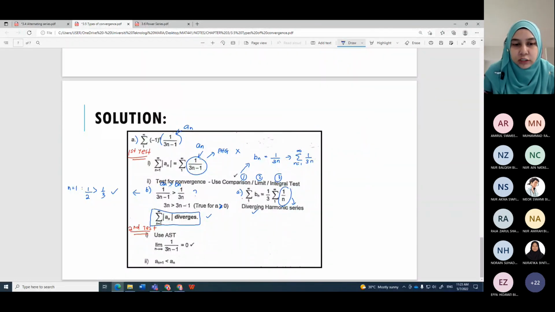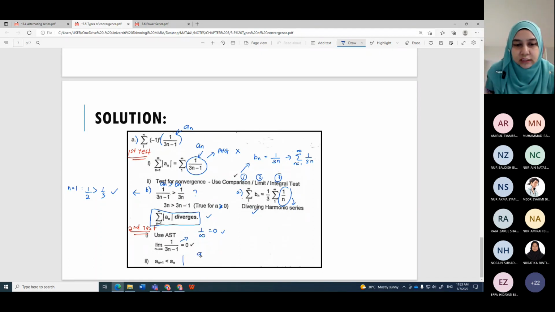Okay, so for AST, the first condition limit of AN, when n approach infinity must equal to 0. Saya ni boleh masukkan lah. 1 over infinity is equal to 0. Okay, prove the first condition for AST. Then we prove the second condition for AST.